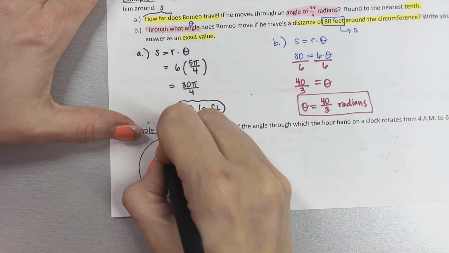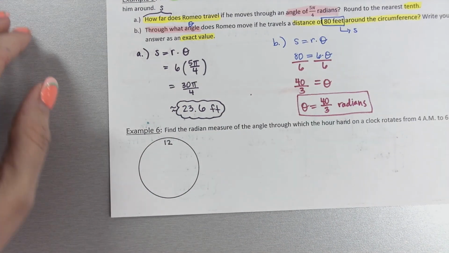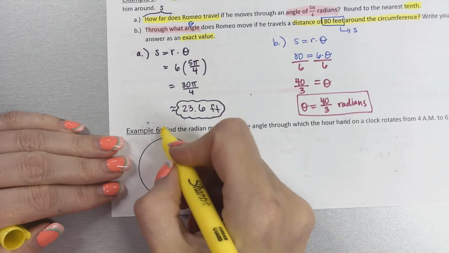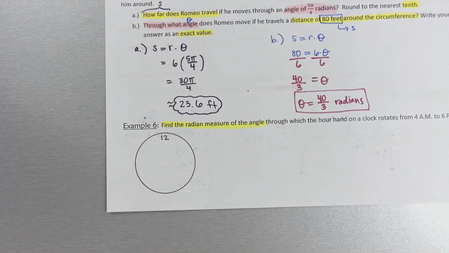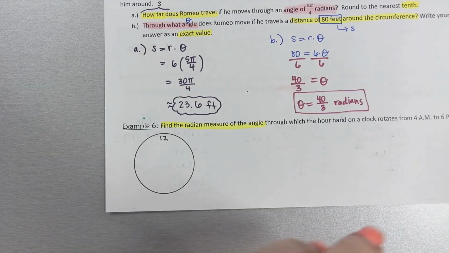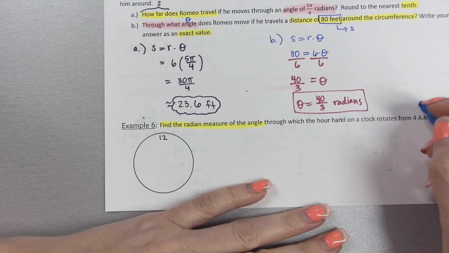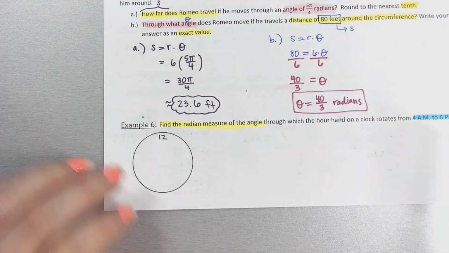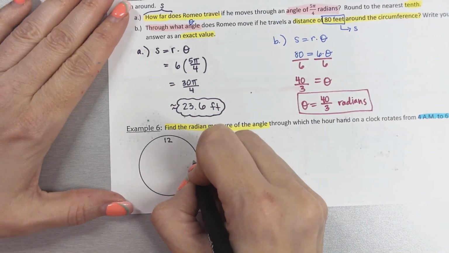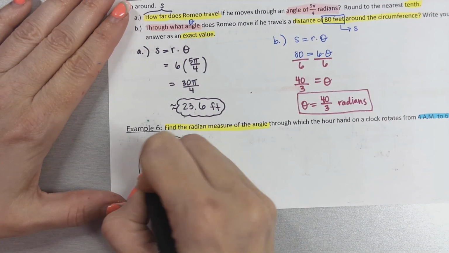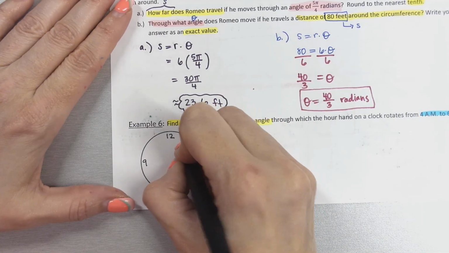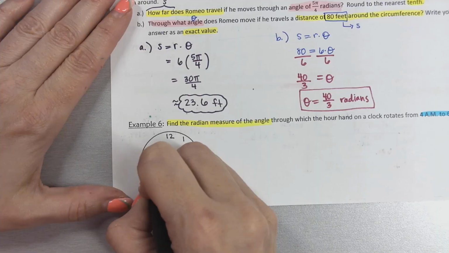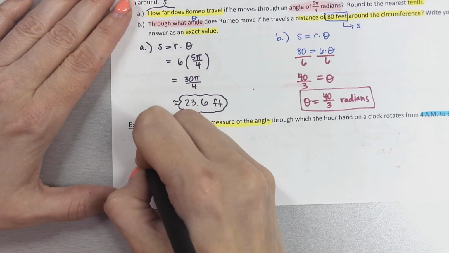Okay. So we have to find the radian measure of the angle through which the hour hand on a clock rotates from 4 a.m. to 6 p.m. Okay, so I like to have the visual, especially as our digital clocks become more prevalent.